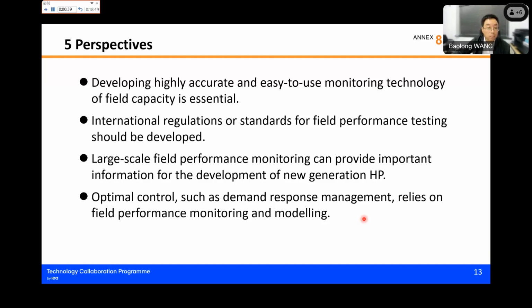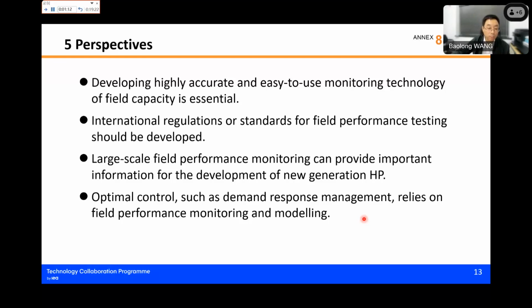Based on that, we need to develop some international regulations or standards for field performance testing. And the third one is that large-scale field performance monitoring can provide important information for the development of a new generation of high-efficiency heat pumps or air conditioners. That's the real reason why we try to do this in this Annex 88.